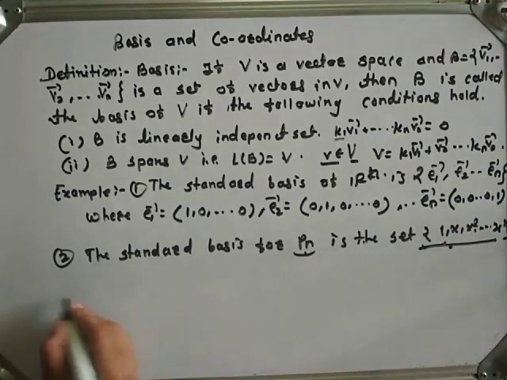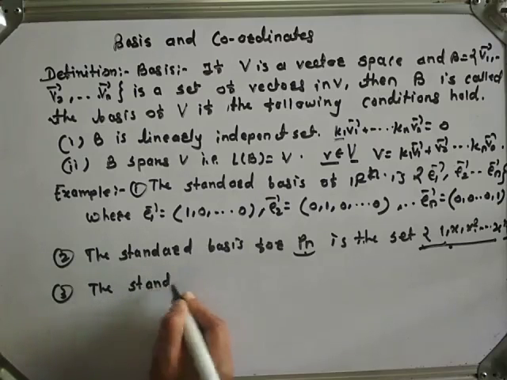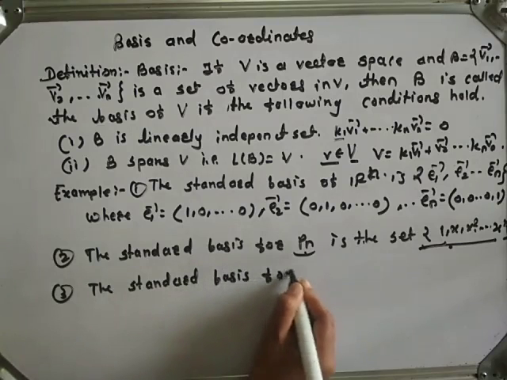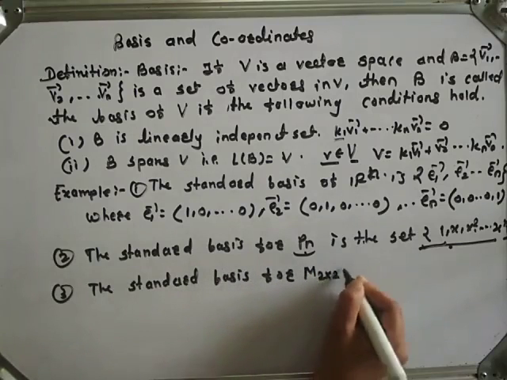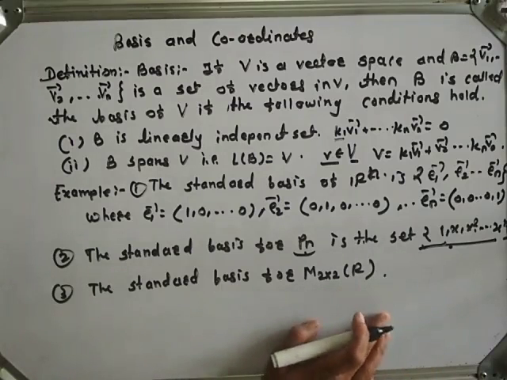Third is the standard basis for M2 by 2. M2 by 2 means the set of all matrices of order 2.